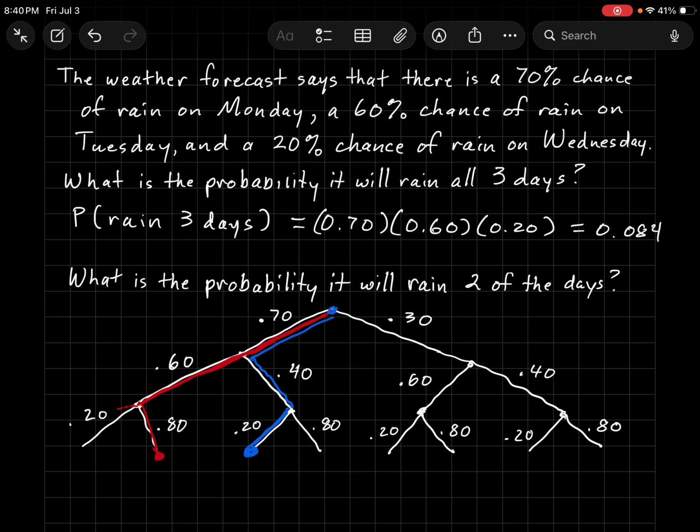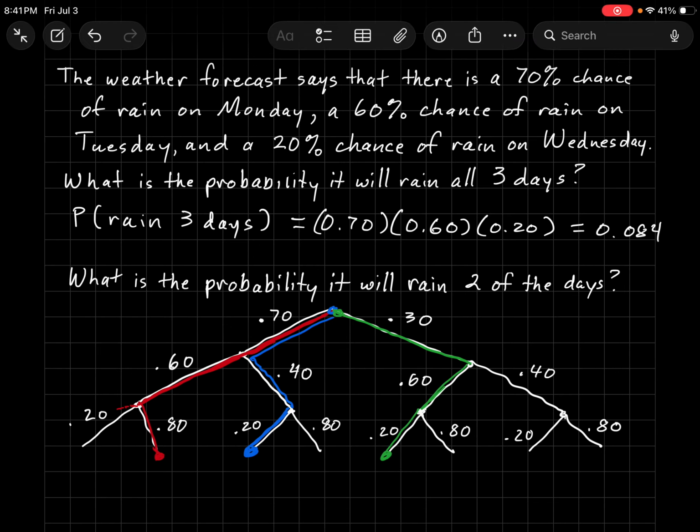What if we went no rain, then rain, then rain? That will give me 2 days of rain out of 3. Go on and convince yourself that there are no other ways, no other paths that give us rain 2 out of 3 days.